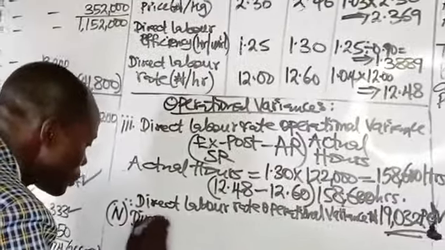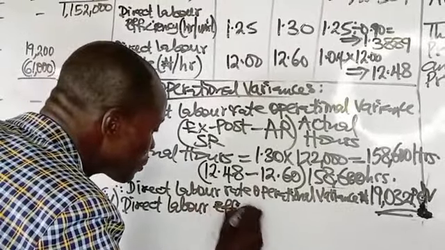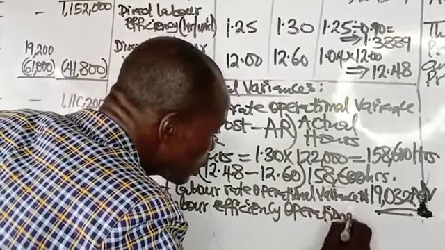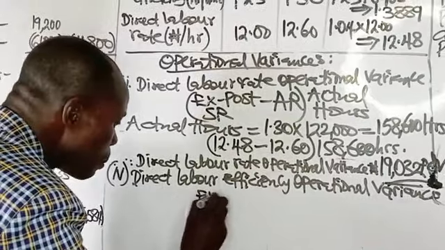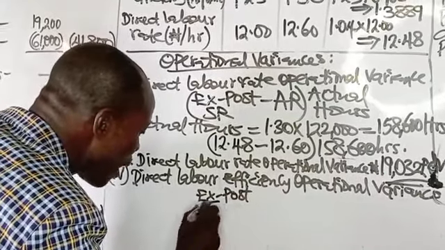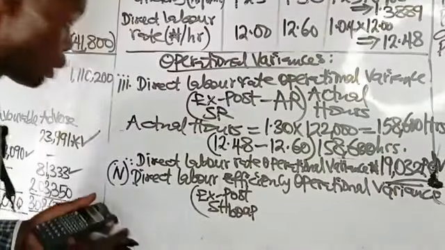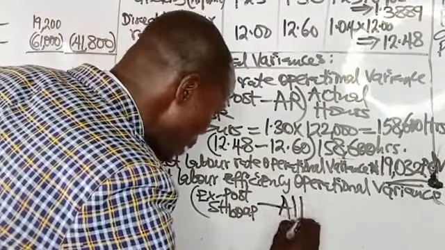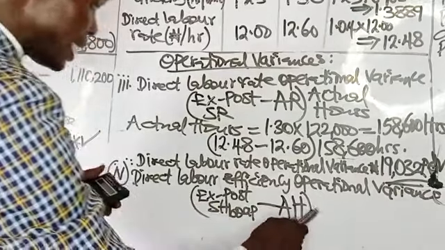Direct labor efficiency operational variance, which is ex-post standard hour based on actual production. Remember your standard, I have said you have to flex it. Minus actual hour. Because you are comparing the ex-post with actual, the weight will be standard rate.